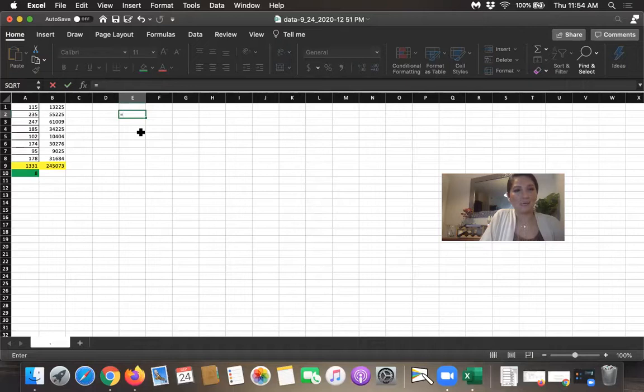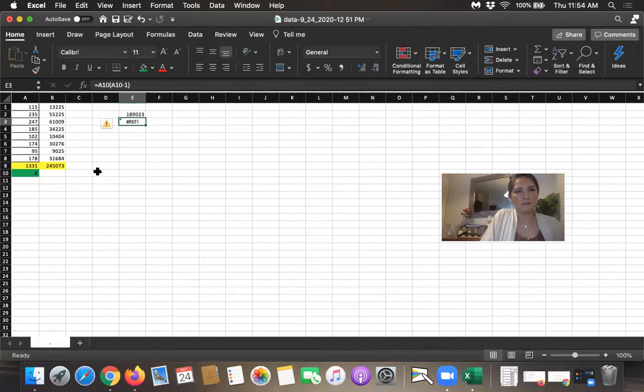Well, I can hit equals, and then I want the sample size times the sum of the x's squared minus the sum of the x's, squared. So I hit caret 2. That's my numerator. And then my denominator is my count times the count minus 1. Oh, it didn't like that.